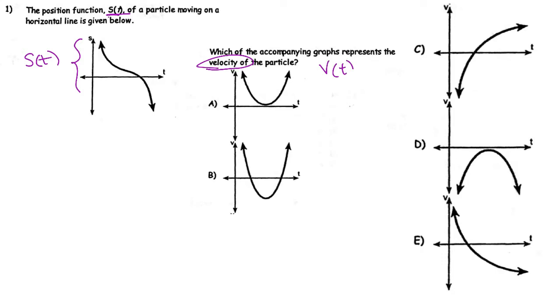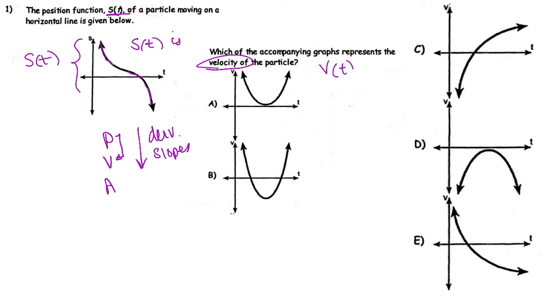So again, if we go back to PVA, and we are at position, and we need to get to velocity as we move down this chain of events, you're finding the derivative, which can also be the slopes. So notice that no matter where I'm at on this function, S at t is decreasing.